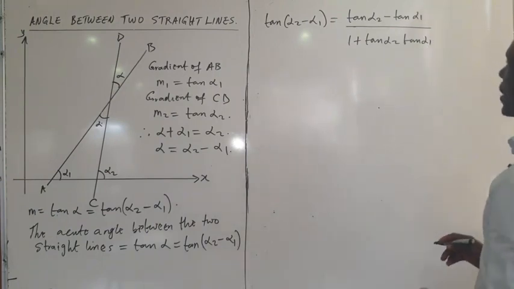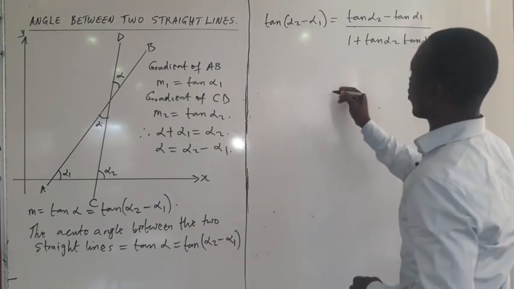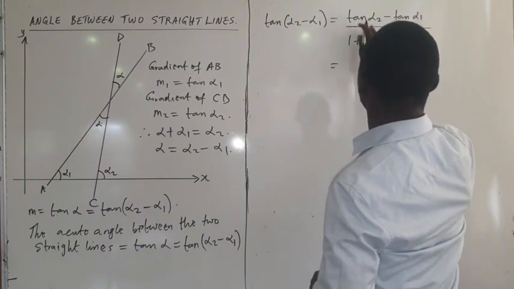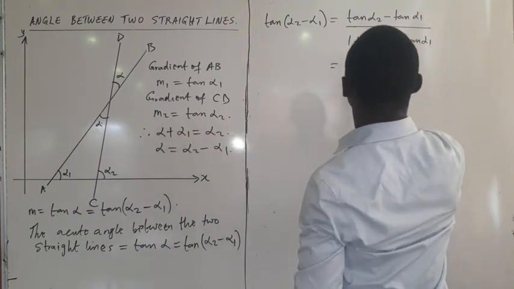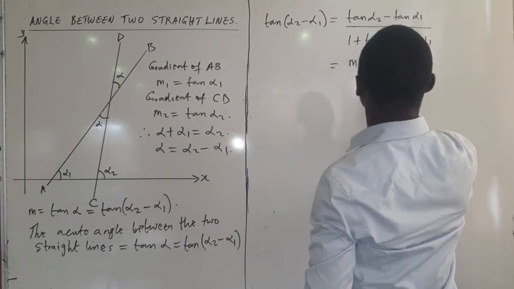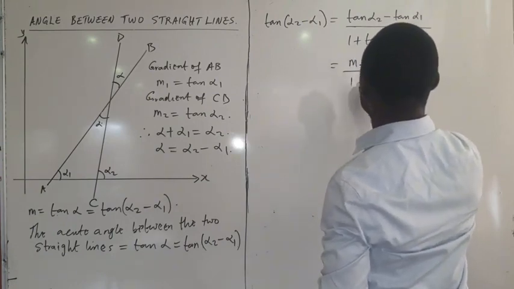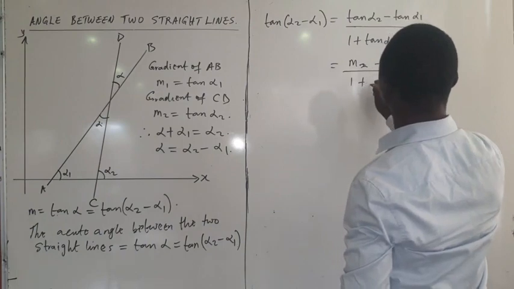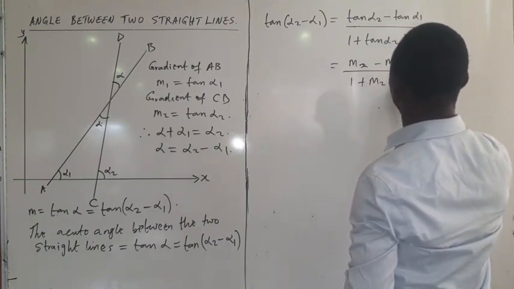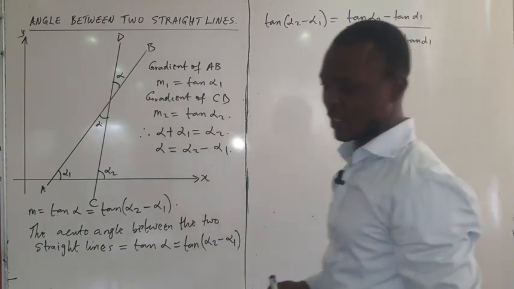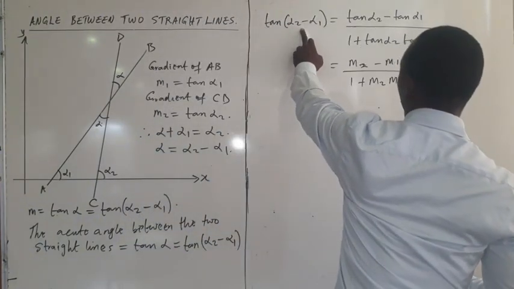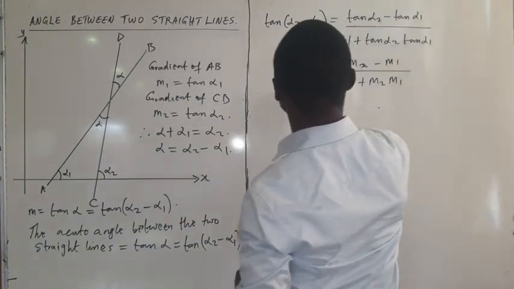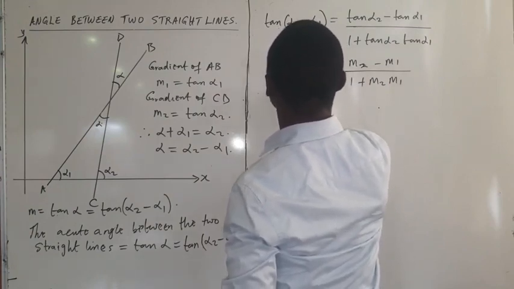Since we are writing this in terms of gradient, tan alpha 2 is M2, and tan alpha 1 is M1. So that is tan of alpha 2 minus alpha 1, which is the same thing as tan alpha.